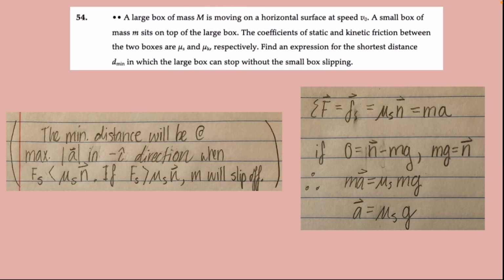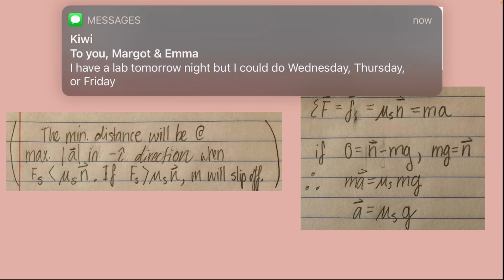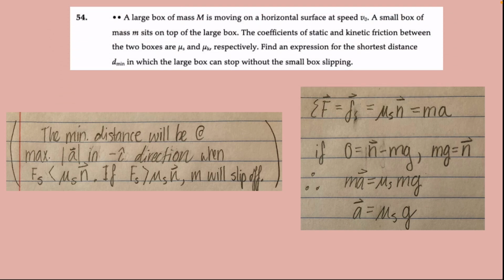Now that we know the acceleration, we can use our kinematics equations, since they contain that distance element. We use one of them not to solve for acceleration, but to solve for the distance, plugging in the acceleration we found in order to find this minimum distance.